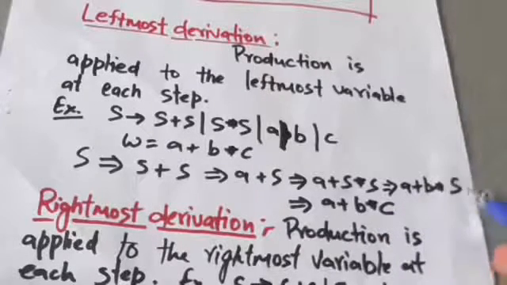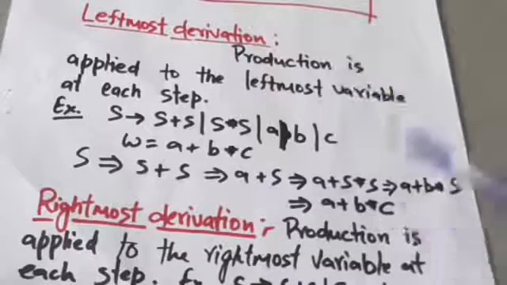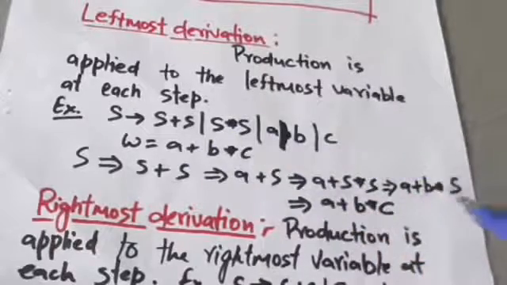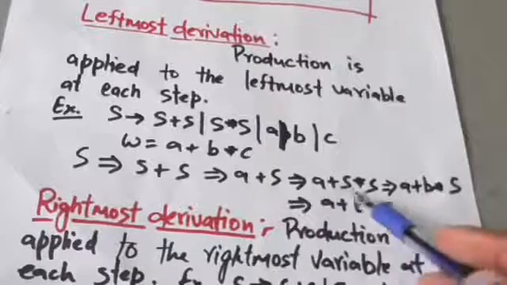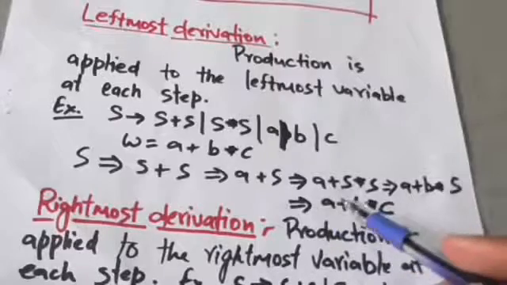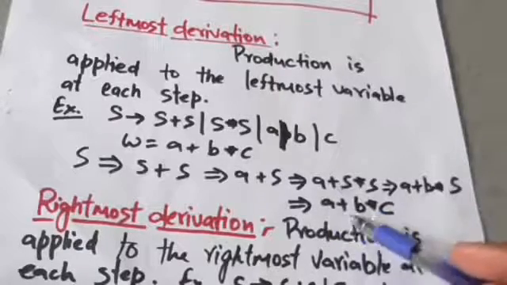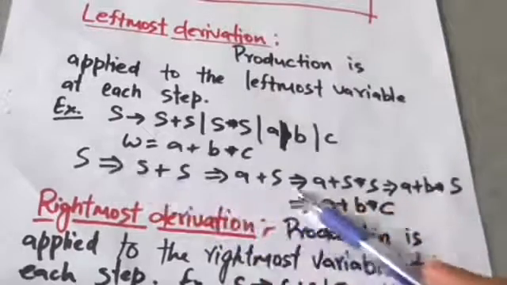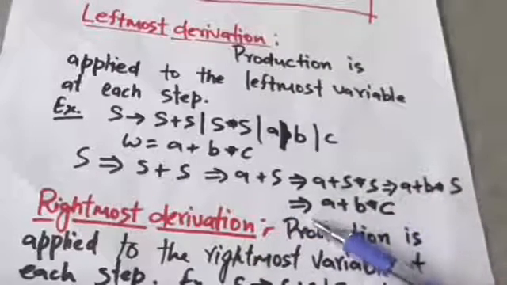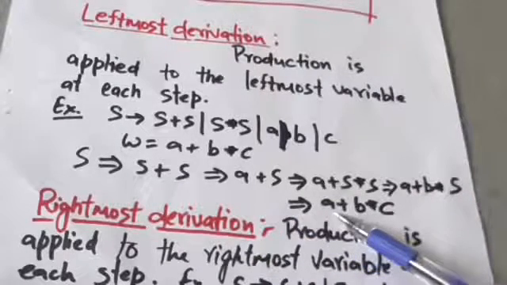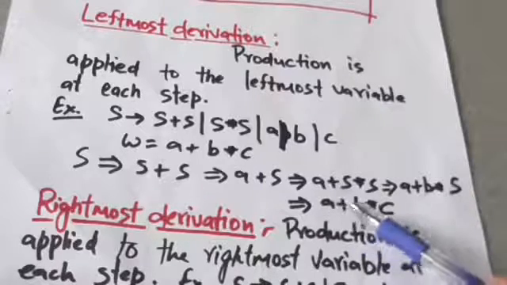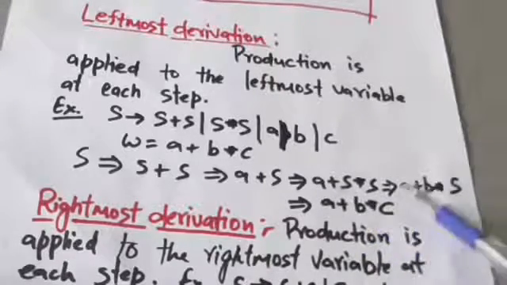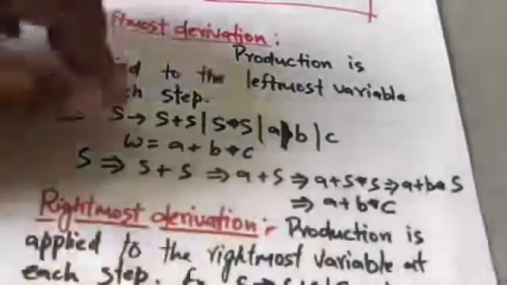In this string, to this S, I have applied the production rule S derives c. So this S is replaced by c. So this is the derivation of this string of terminals a plus b into c. So this is the leftmost derivation of this string a plus b into c. Right?